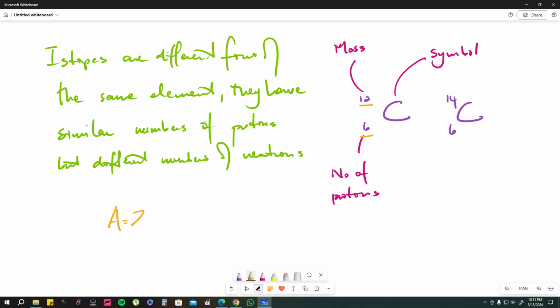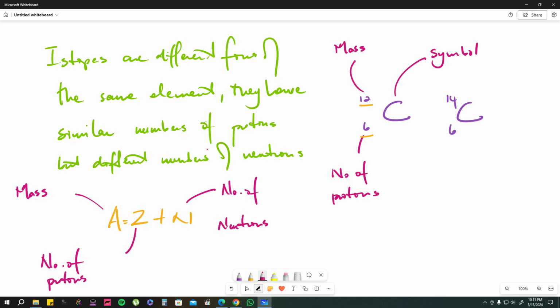There is this little formula, A is equal to Z plus N. This is the mass. This is the number of protons. And this is the number of neutrons. If we apply this formula to our carbon-12, 12 is equal to 6 plus n.